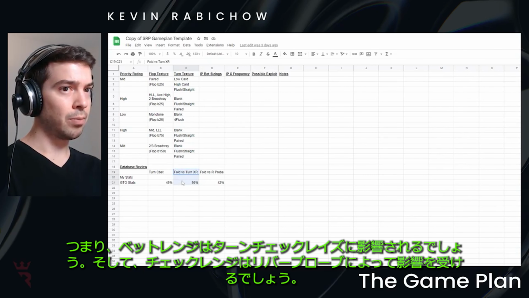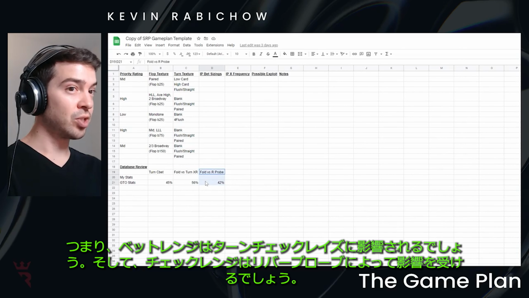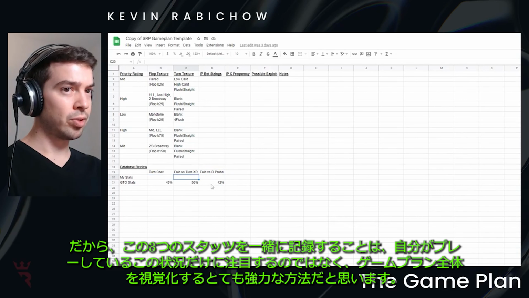So our betting range is going to be impacted by facing turn check raises, and our checking range is going to be impacted by facing river probes. So keeping track of all 3 stats together, I think, is a really powerful way to visualize your whole game plan rather than keying in on just this exact situation that you're playing.